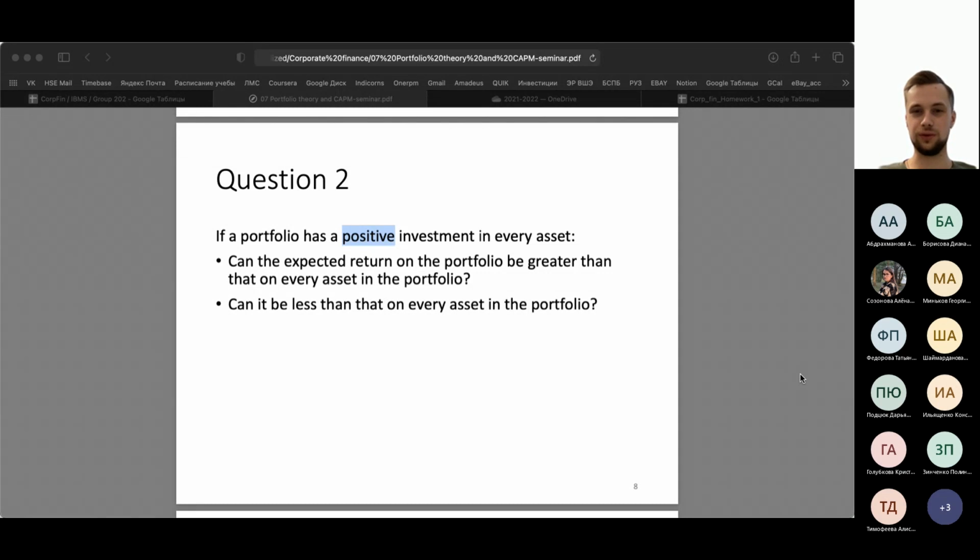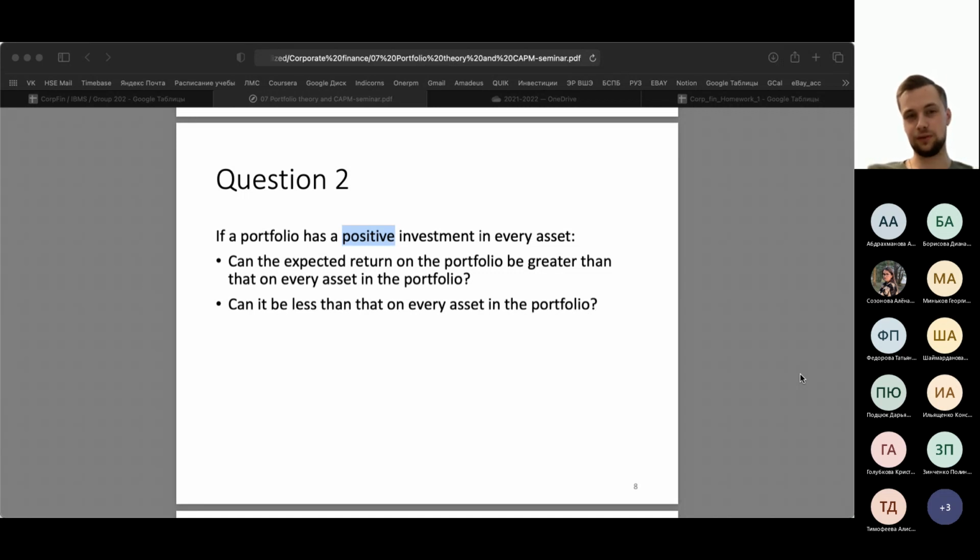Well, who has heard about short positions? So when we invest in stocks, ordinarily, we first buy stocks and then sell them some time later. But in the case of a short position, we first sell the stock, and then some time later we buy it.